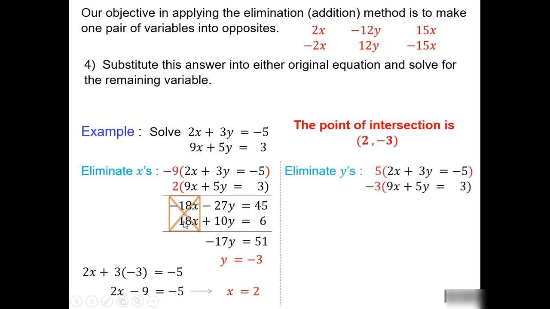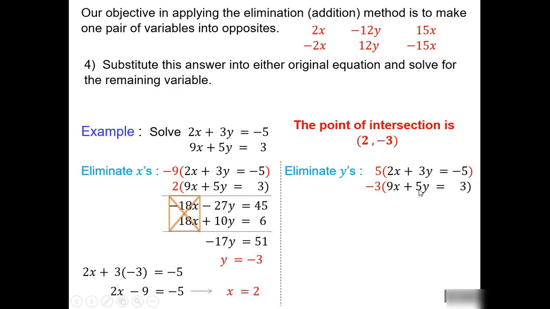Now I'd like to demonstrate how we could have eliminated y's if we chose to. In that case, we'd have to look at 3y and 5y and realize that the least common multiple between 3 and 5 is 15. So to get 3y to become 15y, I'd have to multiply by 5. And in order to get 5y to become 15y, I'd have to multiply by 3.